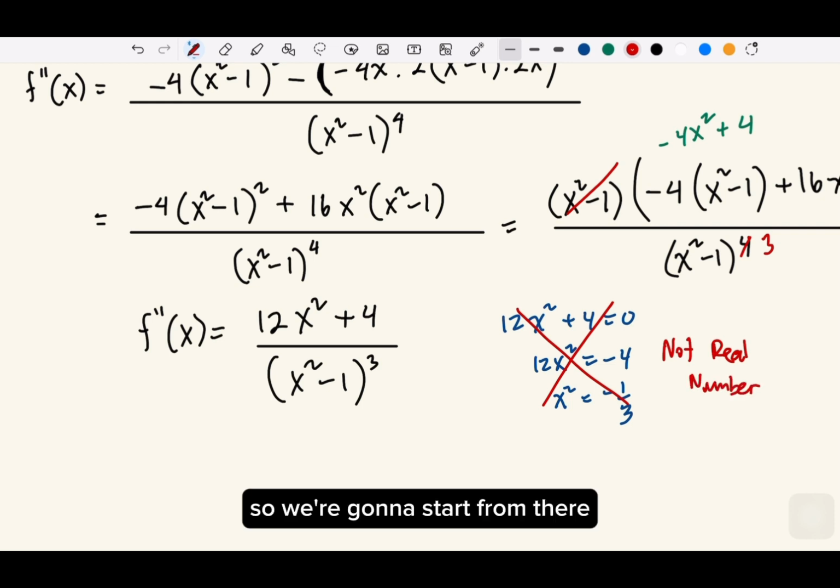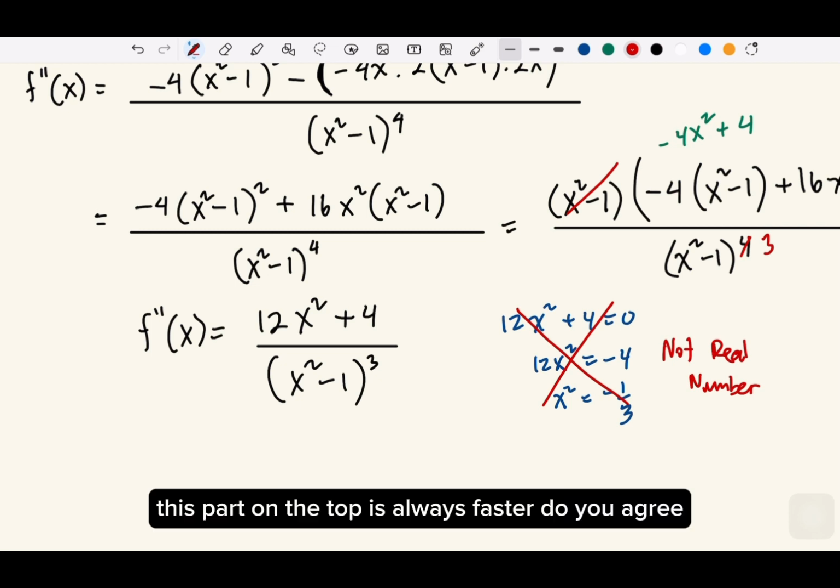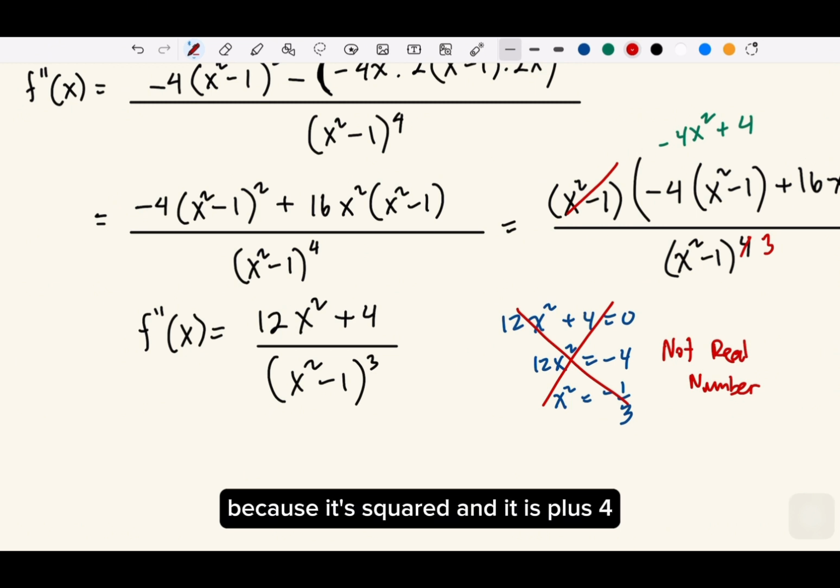So we're going to start from there. What we are going to do is, this part on the top is always positive. Do you agree? Any number you put here, it's always positive. 0, negative, positive, all will be positive, right? Because it's squared and then it's plus 4. So it's always positive.